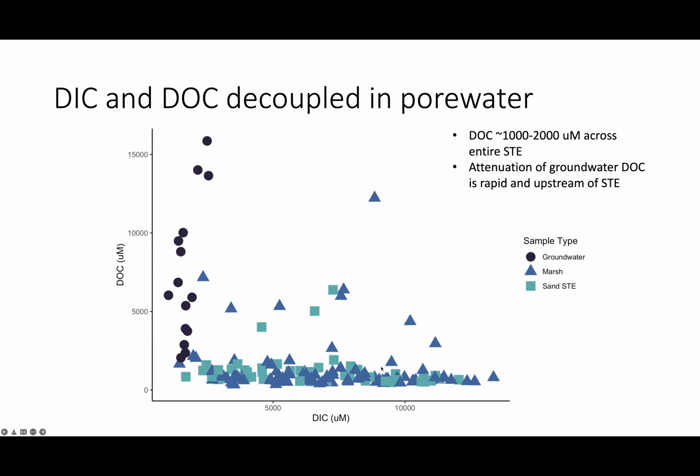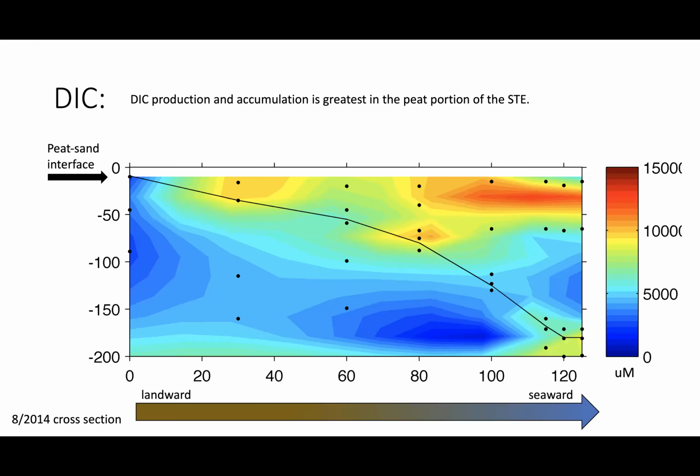The groundwater DOC or the porewater DOC in the sand subterranean estuary doesn't vary very much throughout that region. It's about 1,000 to 2,000 micromolar. So there's rapid attenuation of terrestrial DOC, but then cycling.